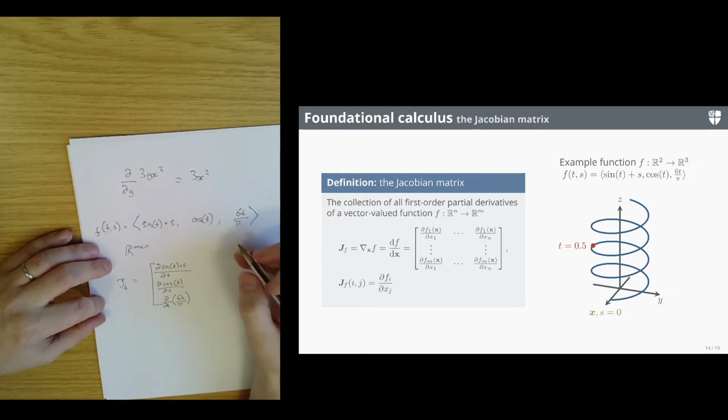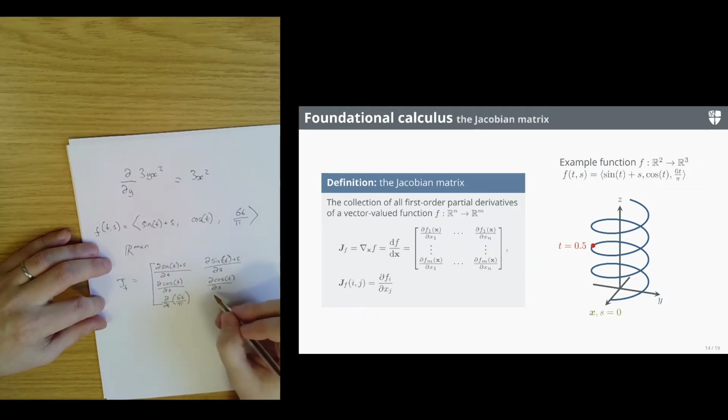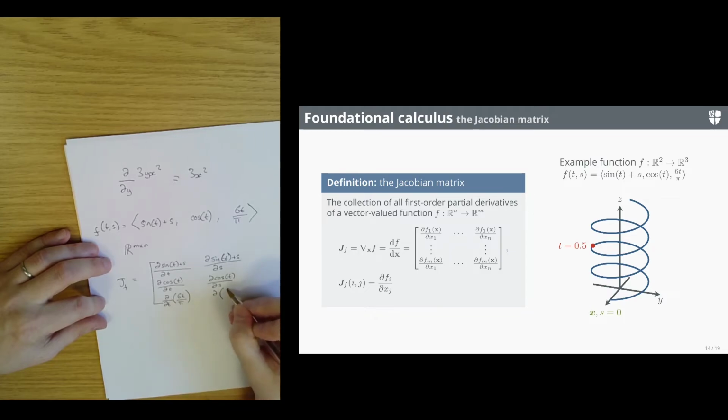And then we go: partial of sine t plus s with respect to s. Here, partial of cosine t with respect to s, and then lastly, partial of 6t over pi with respect to s.